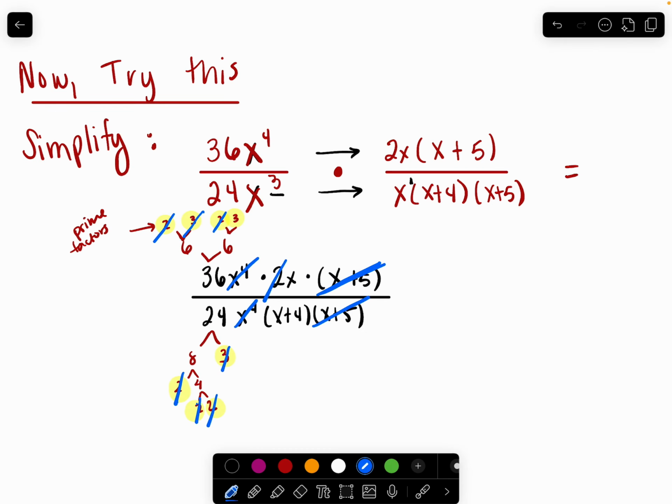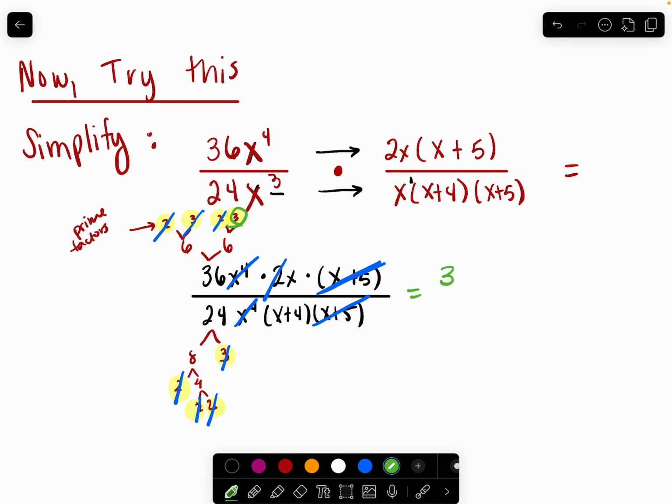So what is left over? We are left with a 3. It doesn't look like we have any leftover numbers in the bottom. We are left with an x, 3x over x plus 4.